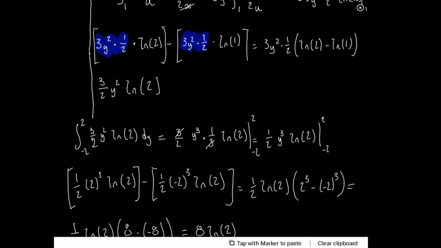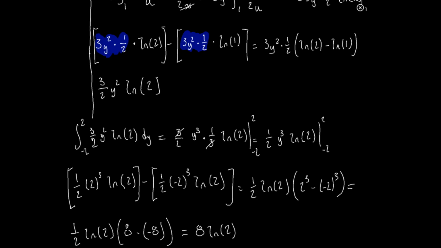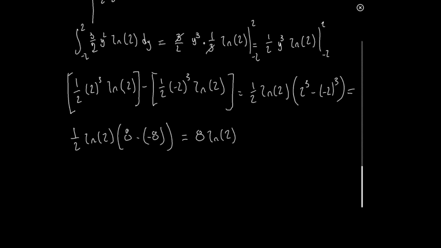And okay, well, we just solved again. We did the integration again. This time it wasn't as complicated. We didn't need to do U substitution because we just had y to the third power. Went through all of that, did our subtraction for upper and lower bounds, and all that gave us our answer, which was 8 ln 2, which can't be simplified further.